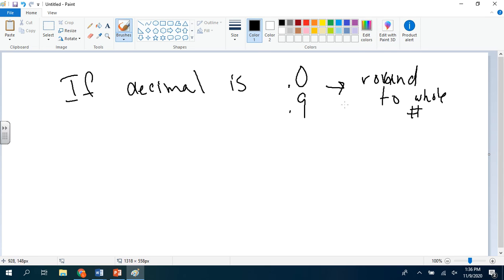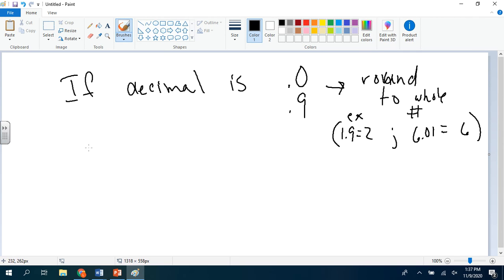For instance, 1.9 equals 2, or 6.01 equals 6. All right. These are examples. These are okay to round.